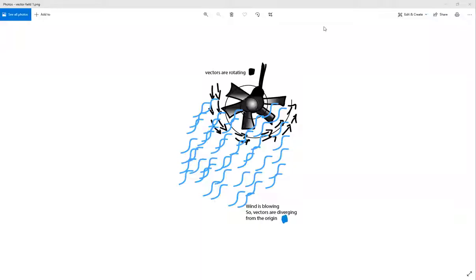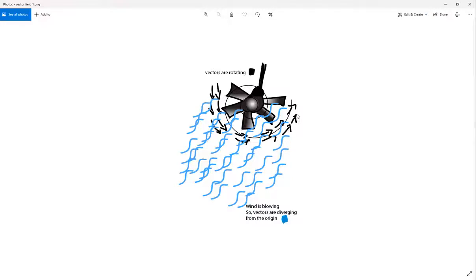This new chapter is dedicated to the whole new idea of vector fields. Well, suppose you have a fan and this fan starts working. As you can see, the movement of the fan creates some vectors.